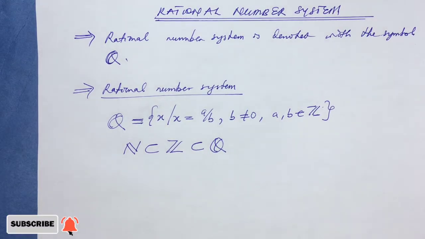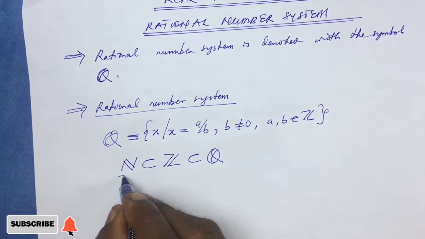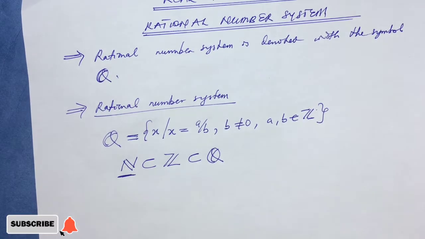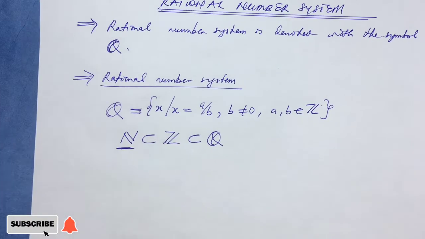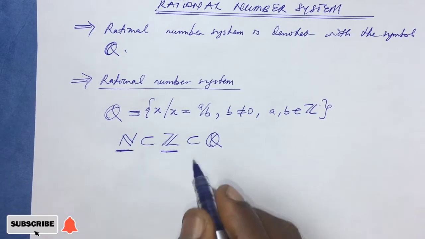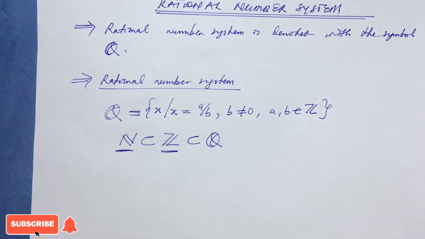So the system of natural numbers is a proper subset of the integer system, and the system of integers is a proper subset of the set of rational numbers, or the rational number system. That is what I'm trying to say.